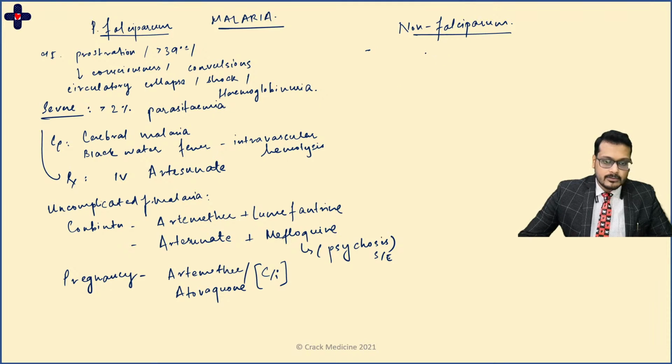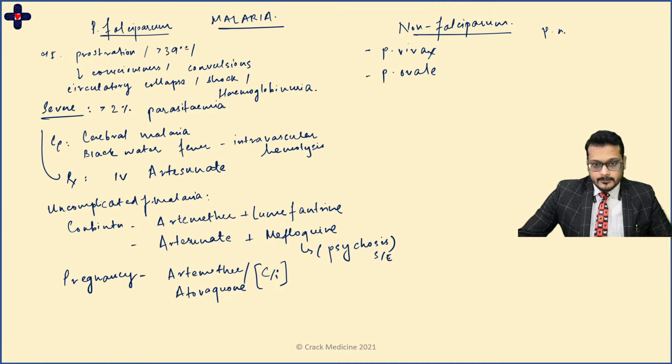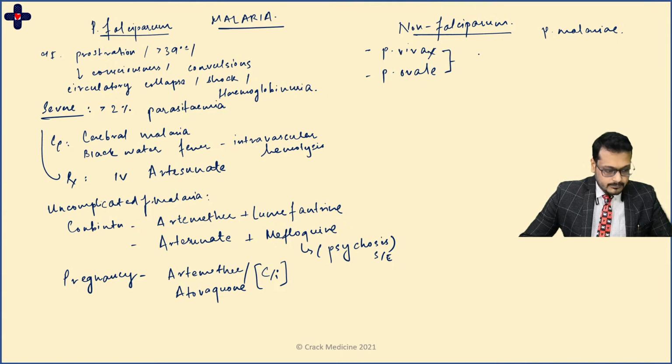Okay, so in non-falciparum malaria, you can have Plasmodium vivax and Plasmodium ovale. You can also have Plasmodium malariae. We will talk about these because they have a hypnozoite stage.